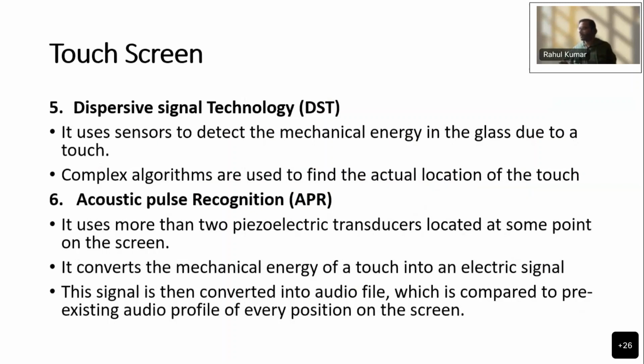Just in brief, in dispersive signal technology, when the screen is touched or pressed, your screen will experience some mechanical strain, or some mechanical energy will be produced in the glass. And using some sensors, we detect that mechanical energy in the glass.